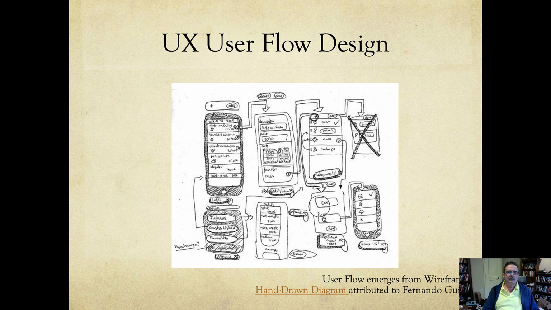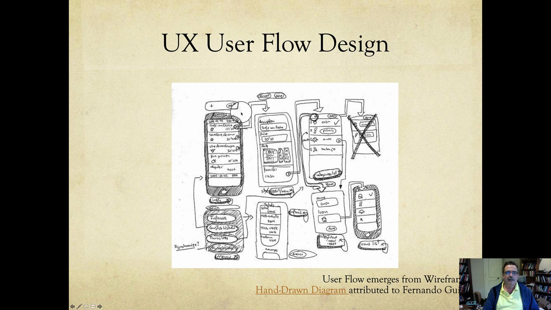A very interesting kind of diagram is called the UX user flow diagram, or UX user flow design. Sometimes this is talked about also within the context of wireframing. You'll see at the bottom of this slide there's a mention about wireframing and how user flow might be said to emerge from wireframing.